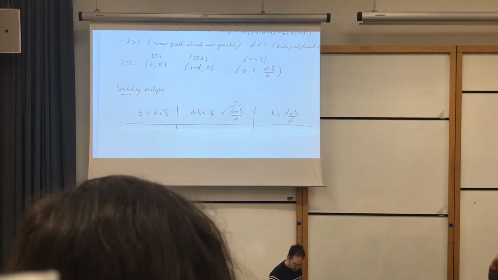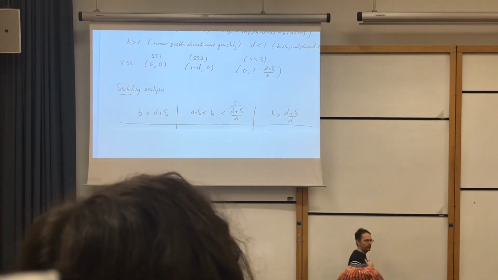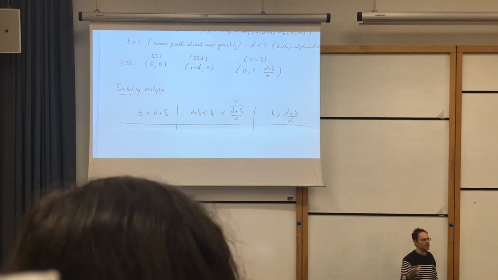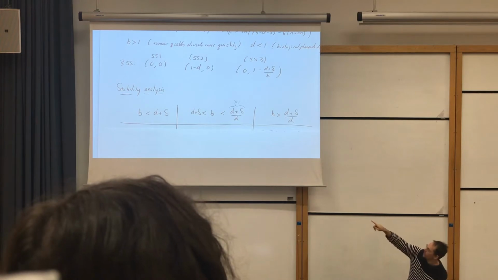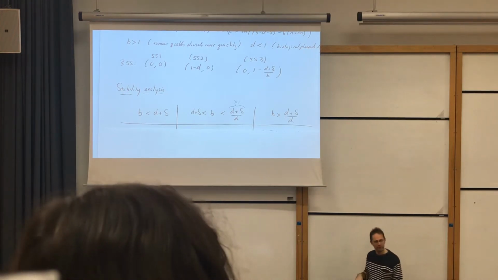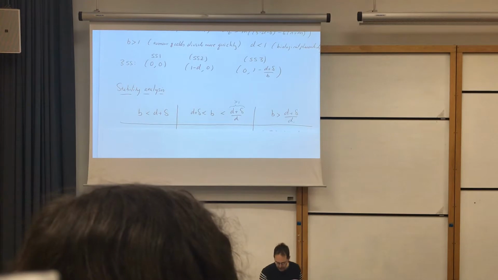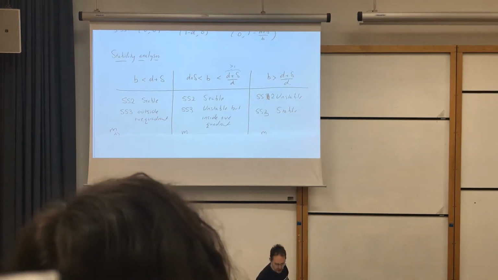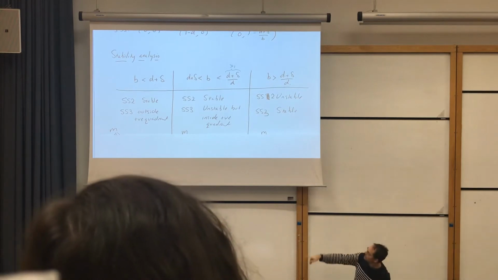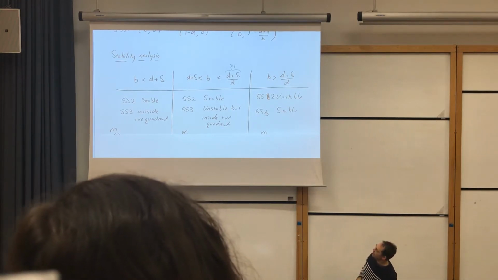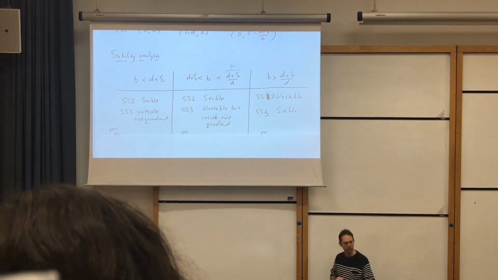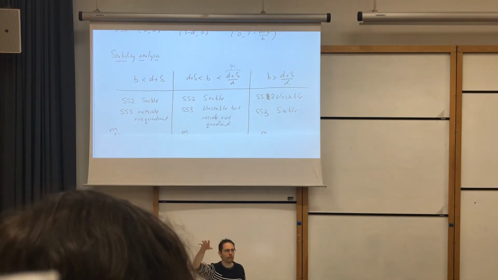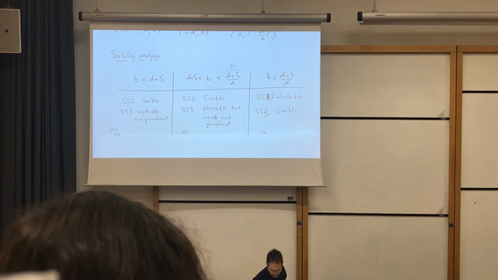As we give our mutant cells a greater proliferative advantage, we're going to shift from left to right within this region. What we found from the stability analysis was that for B less than D plus delta, SS2 was stable, and SS3 was unstable, and even moreover, it was outside the positive quadrant.